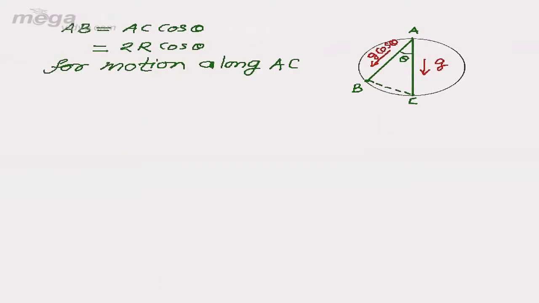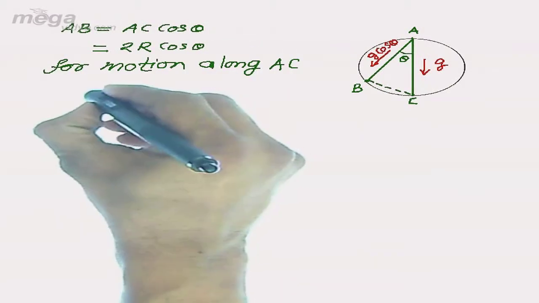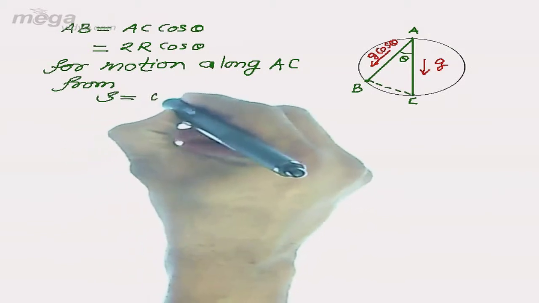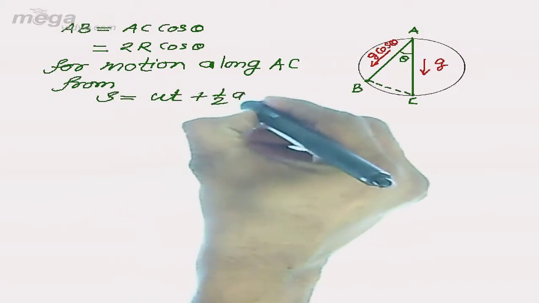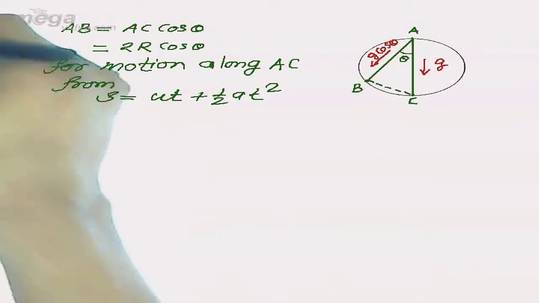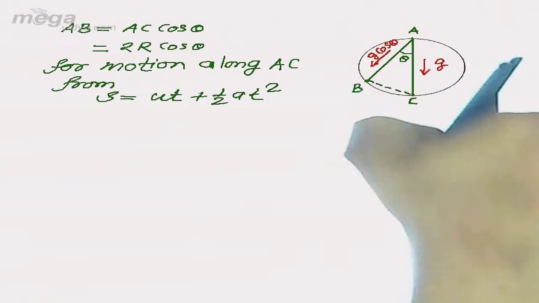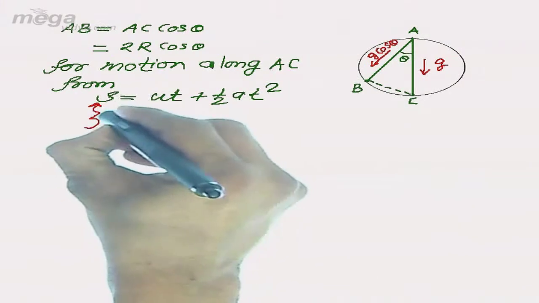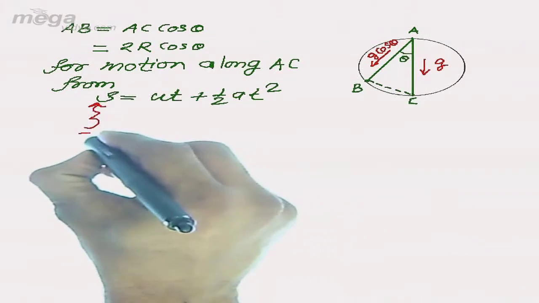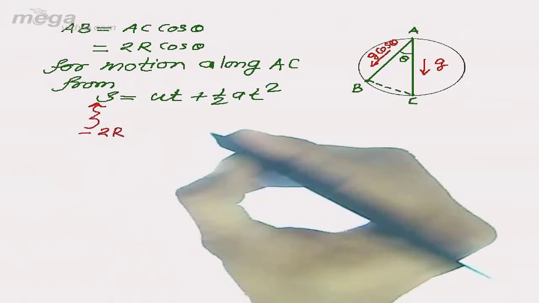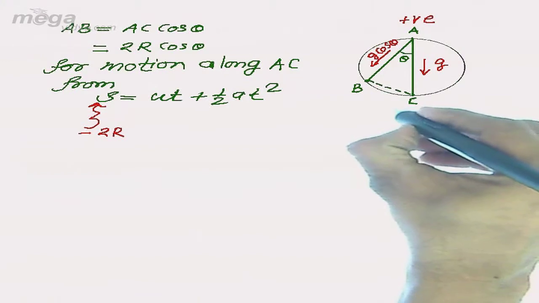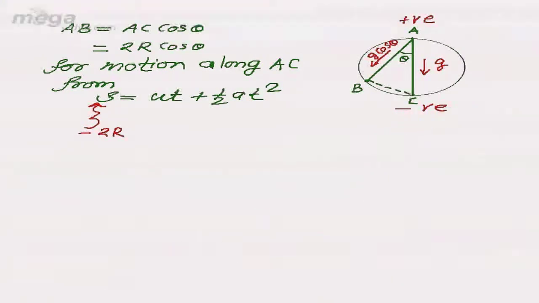If we consider the motion along AC, we can use the equation S equal to ut plus half at square. In this equation, for the motion along AC, we can take the displacement to be minus 2r. I am considering the upward direction to be positive and the downward direction to be negative.